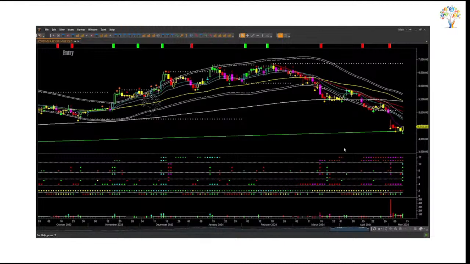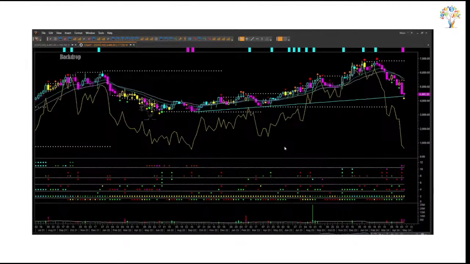For bounce trades and also for headwind trades, the weekly will be opposite. So in this case, the bounce was on the long side, it was a buy opportunity. For Coforge, the weekly was still bearish. So for trend reversal trades like bounce trades, weekly and daily being opposite is quite normal.